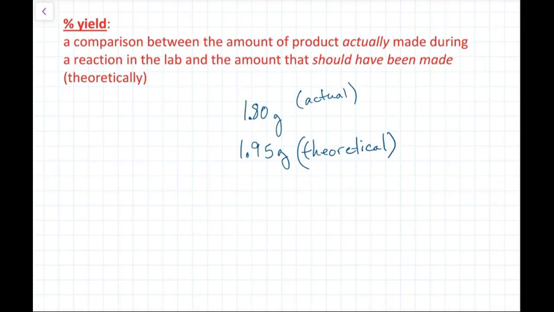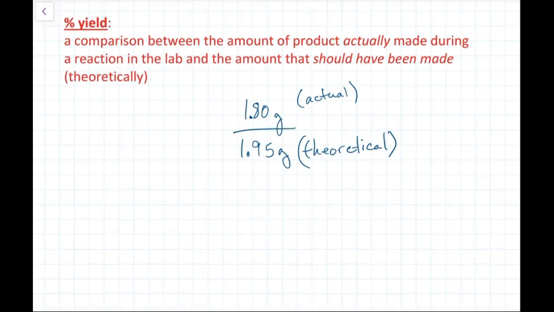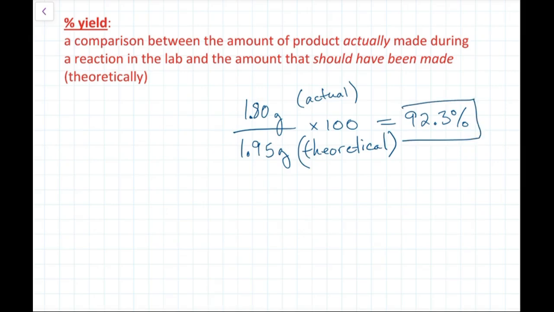You can do the same thing with your actual and theoretical. If you divide one by the other and then multiply by 100, you get a percentage. So in this case, I get 92.3%. And that's pretty good. Obviously, the closer to 100% you are, the better, just like a test.